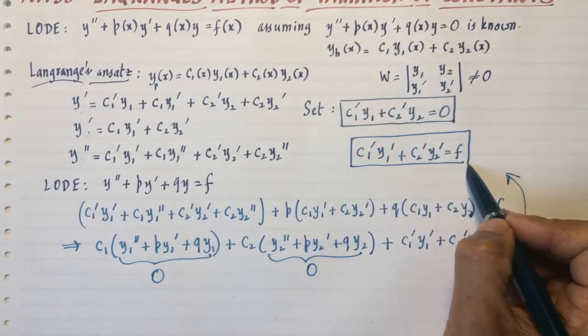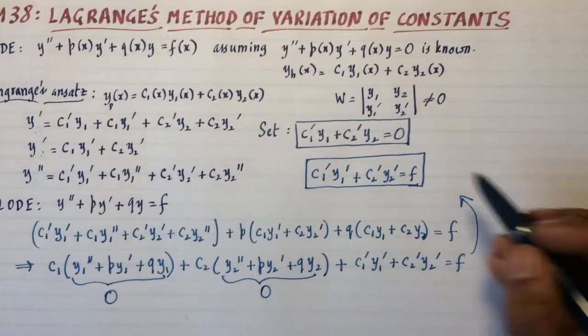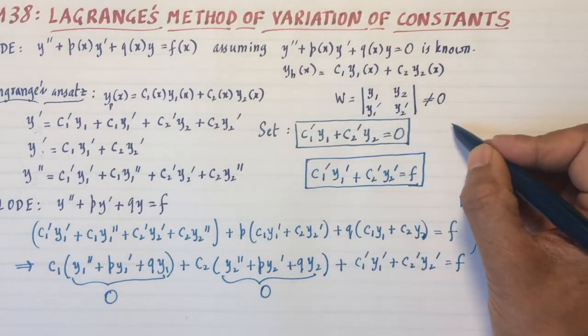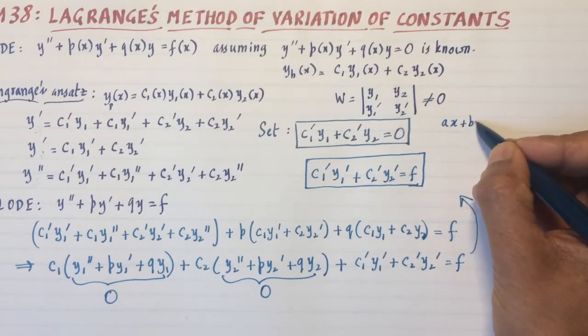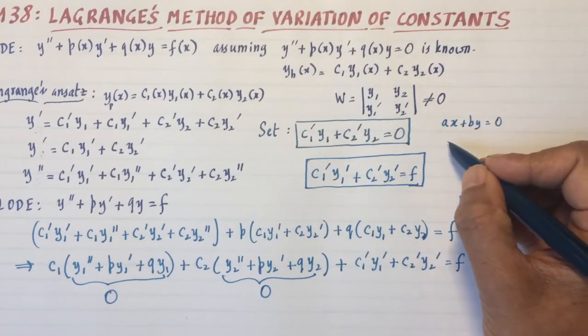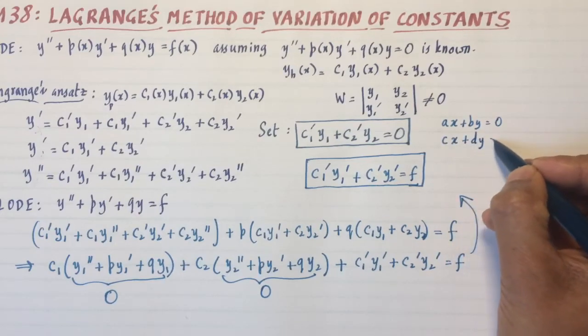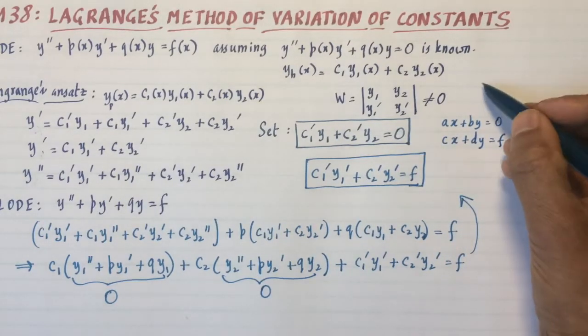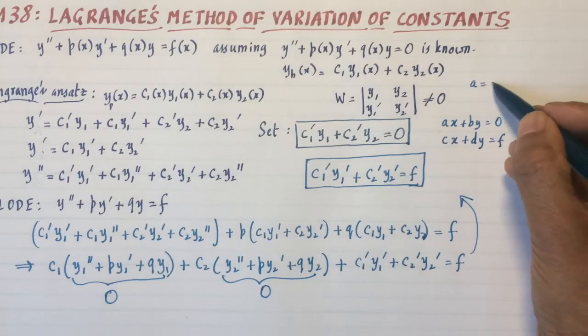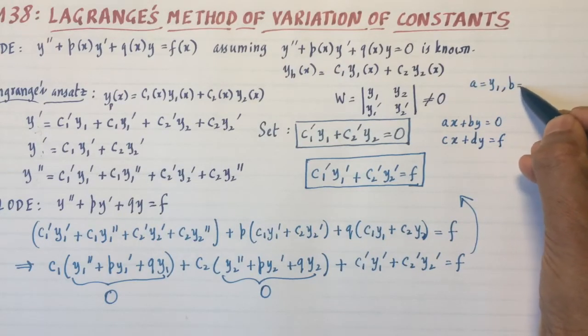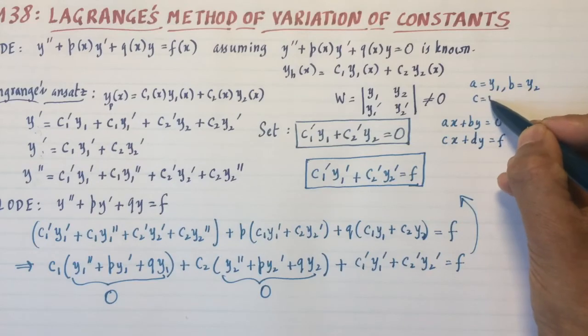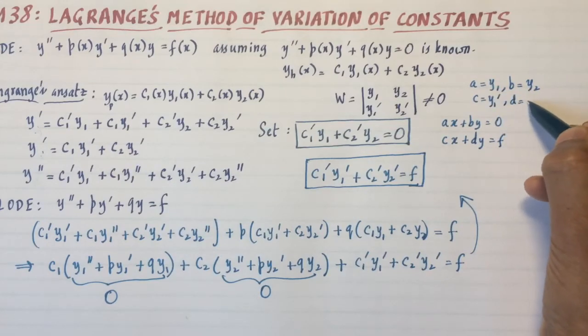Now, this may all look very complicated, but in reality, it's just two systems of equations. This is like saying ax plus by equal to 0, and then cx plus dy equals f, where a is equal to y1, b is equal to y2, c equals y1 prime, and d equals y2 prime.